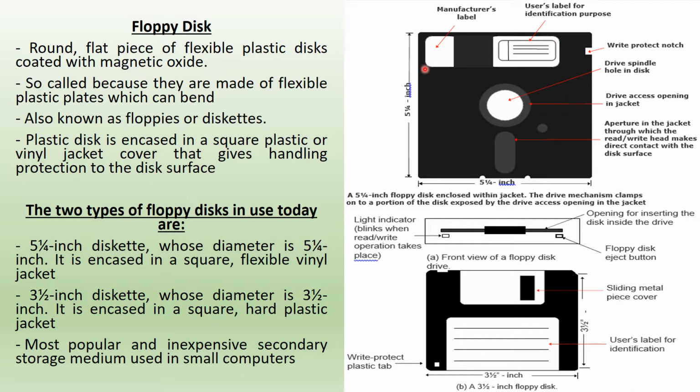Remember that the flat flexible plastic is inside, and this squared section is the plastic jacket which covers the diskette inside.